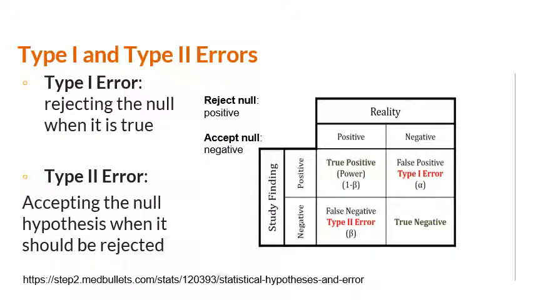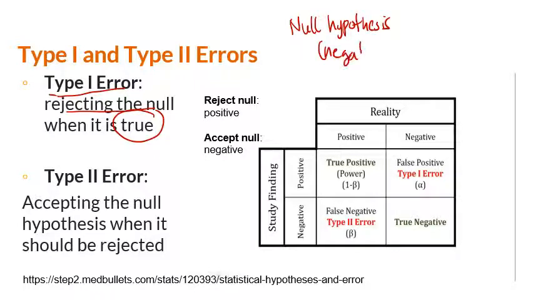So basically, your type 1 error is the rejection of your null hypothesis when the null hypothesis is true. Usually we associate null hypothesis with a negative result.